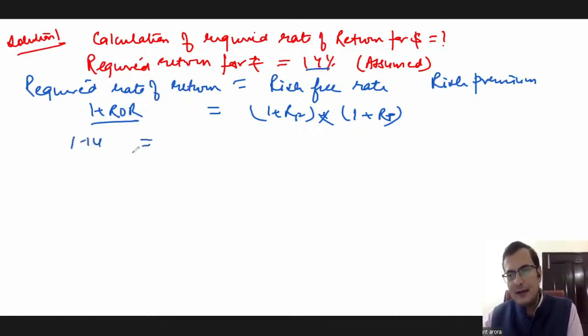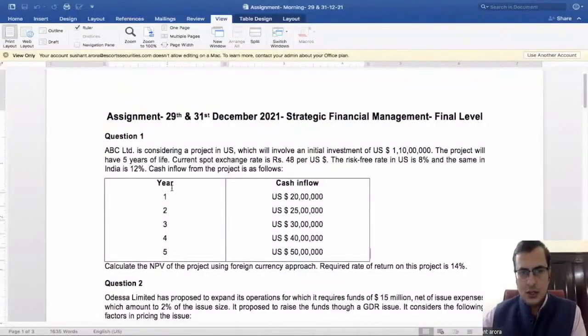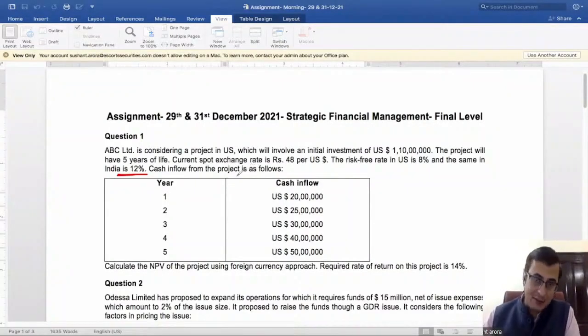RF is given. For India, it is 12%. You have the assignment with you, so I'll show you. The risk-free rate in India is 12%. Risk premium, we can calculate from the Indian rate.